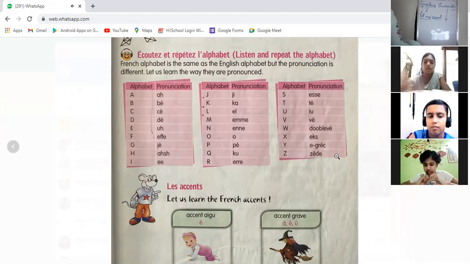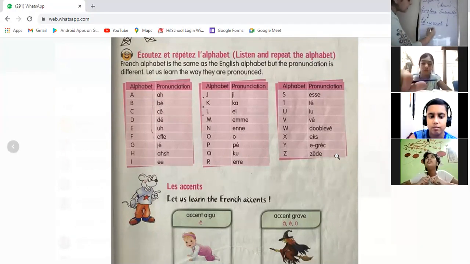Then alphabet J. Now alphabet J is pronounced as G. What is it pronounced as? G. Very good. What we have to remember is G and J, we have to interchange their pronunciation from what we have learned in English.